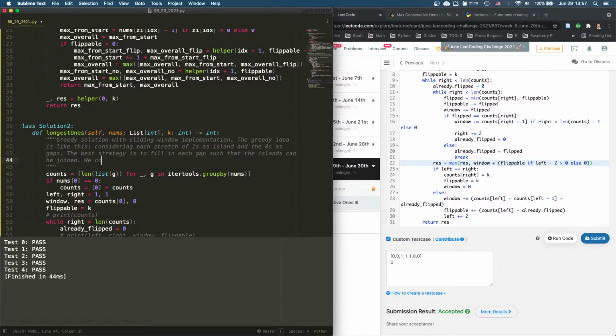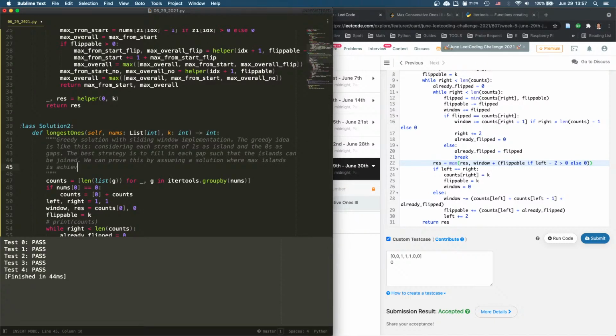We can prove this by assuming a solution where max islands is achieved with some zeros.